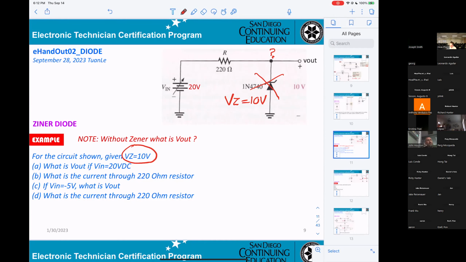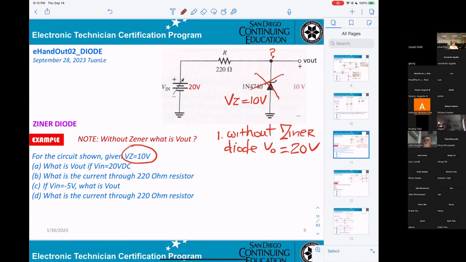But what I'm saying is, without the Zener, okay?